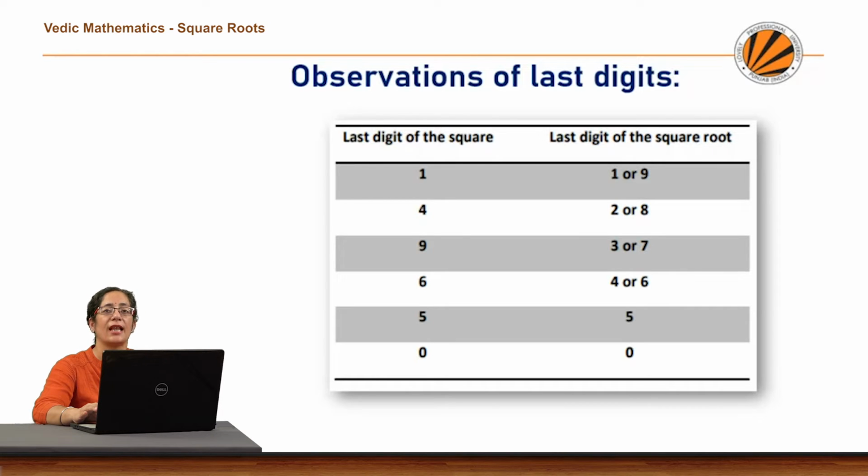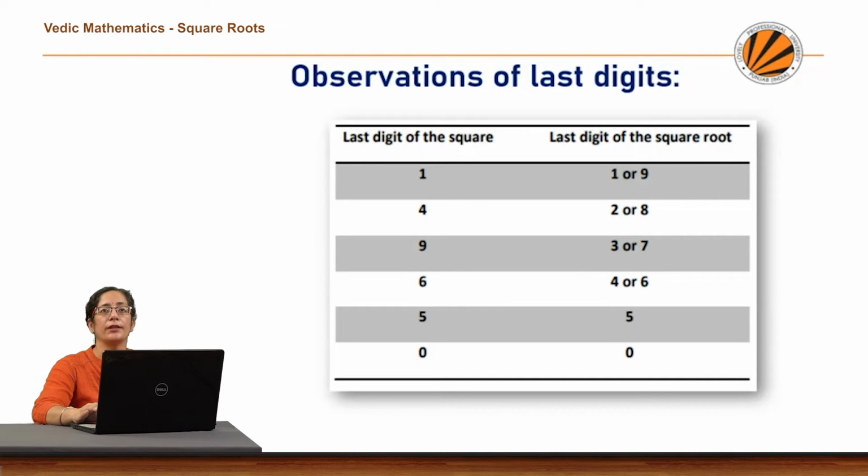In both cases the last digit can be 4. If it is 9, the last digit can be 3 or 7: 3 square is 9, 7 square is 49. If it is 6, it can be 4 or 6. If it is 5, the answer will be 5, and for 0 obviously the answer will be 0.